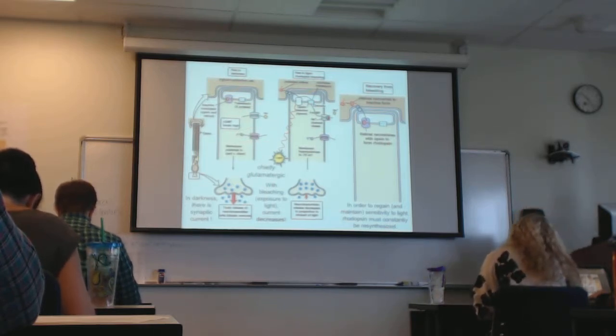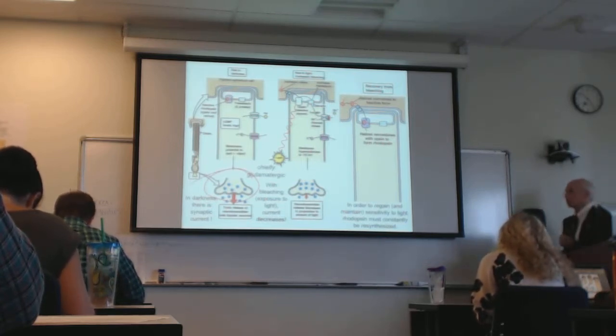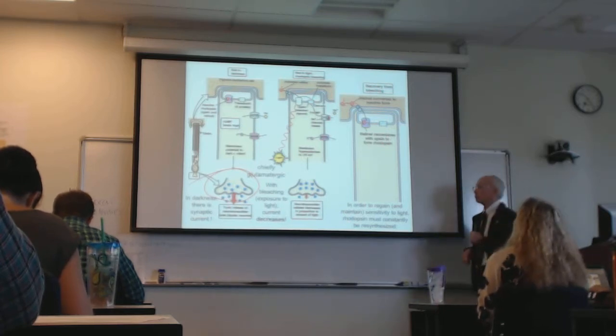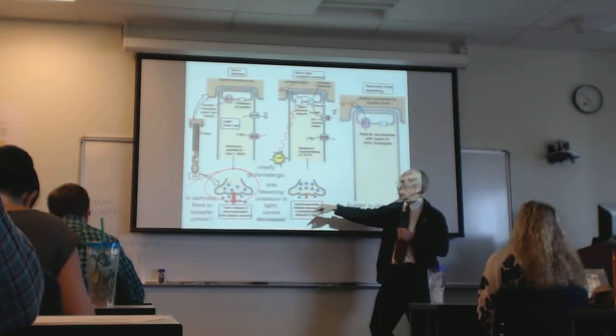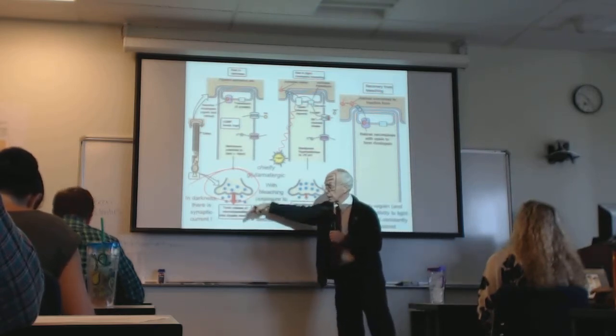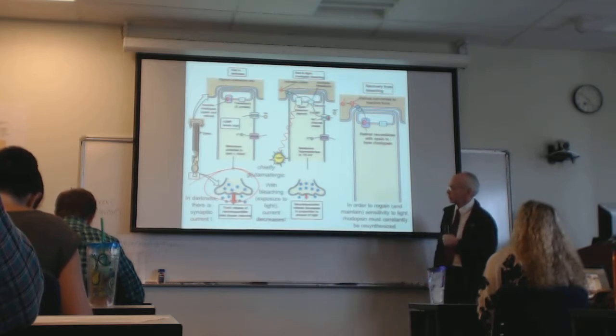And so as both of these currents are present, there's going to be release of neurotransmitter from the photoreceptor to the next neuron, to the first neuron in the retina, usually a bipolar cell, but not always.